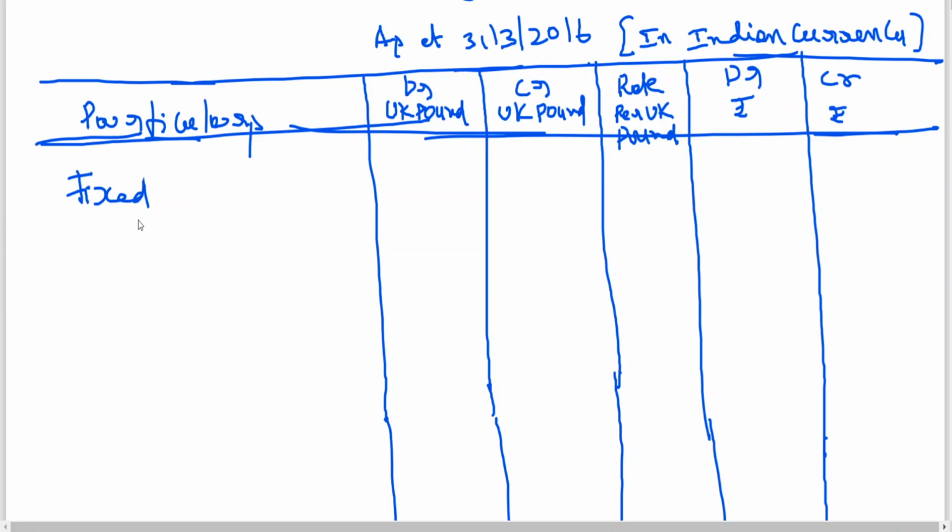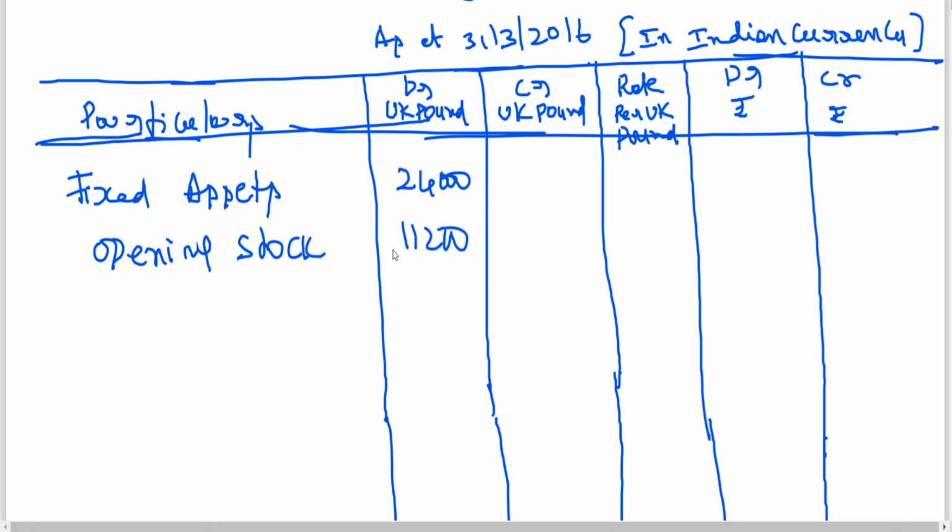Fixed assets, instead of going back and wasting your time and my time. Fixed assets 24,000. Then opening stock, which is given in the problem, 11,200.